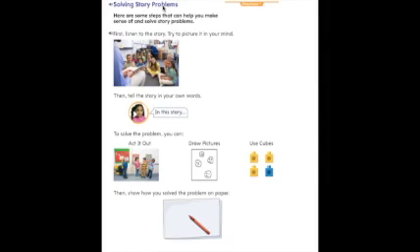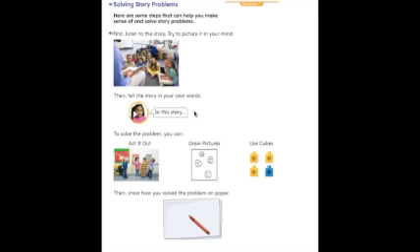So let's see who remembers how to follow our steps for story problems so that we can solve this story problem. First, listen to the story and try to picture it in your mind. Then tell the story in your own words. To solve the story problem, there are 3 things you can do.